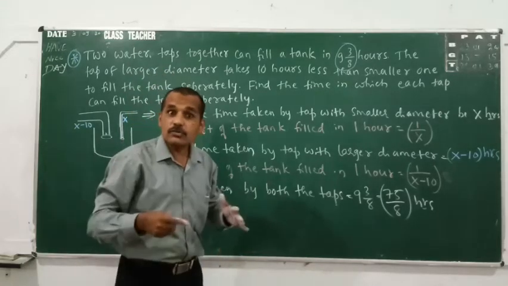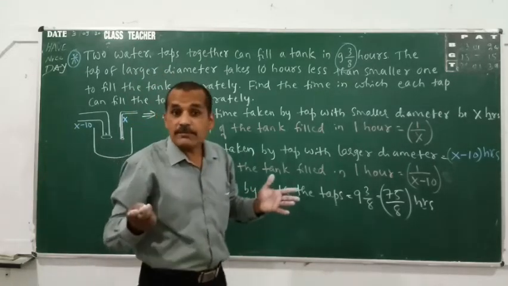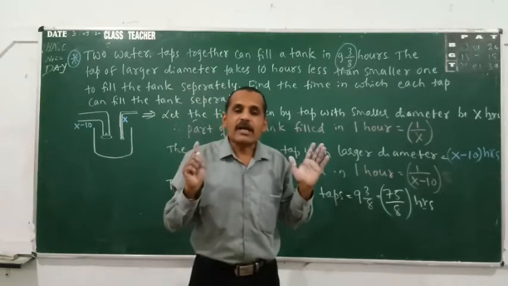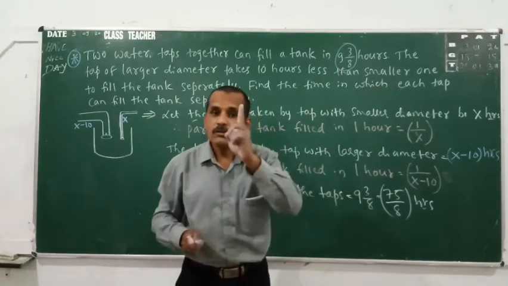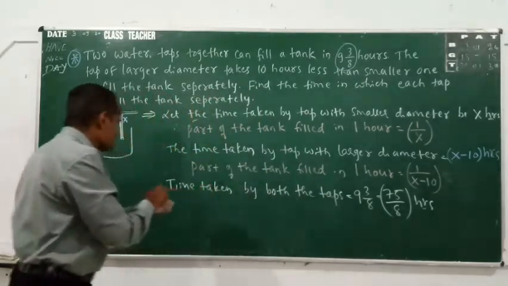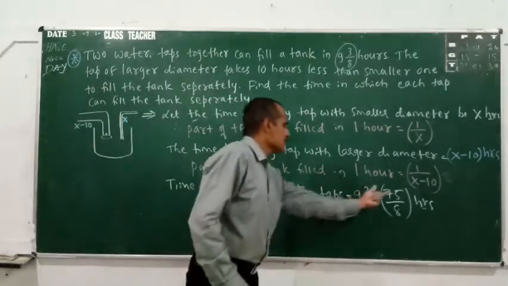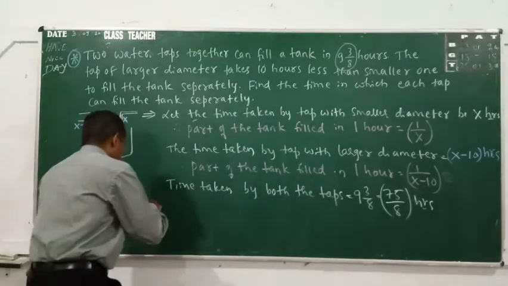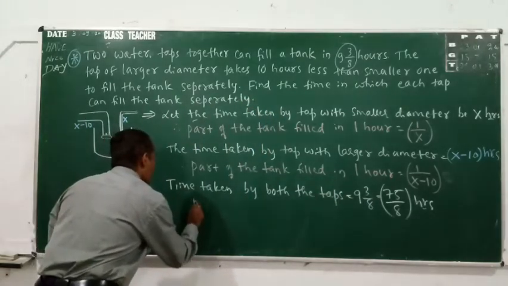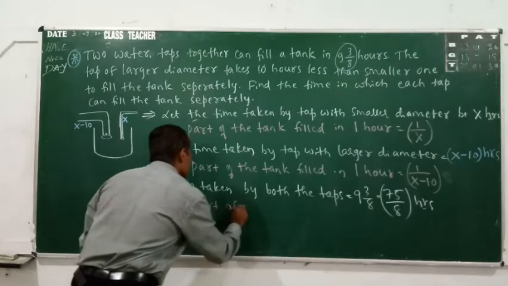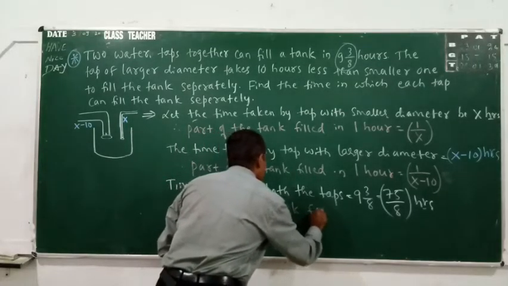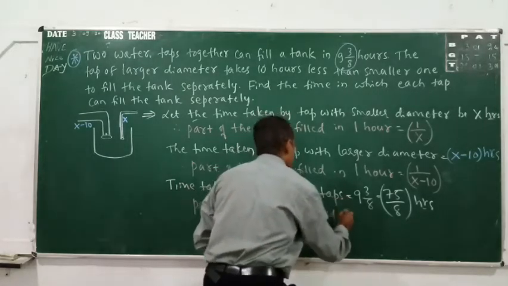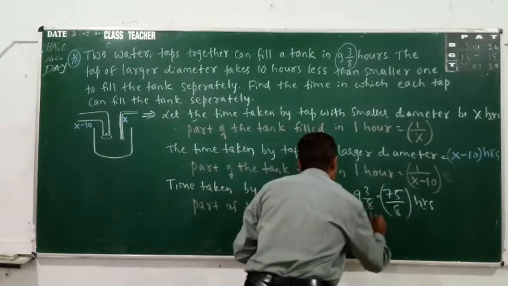Or there is the method also. Just to get the answer we are not doing this. In work and time, the method is that the entire problem has to be converted for 1 hour. I will write: time taken by both taps is equal to this many hours. Therefore, part of the tank filled in 1 hour.